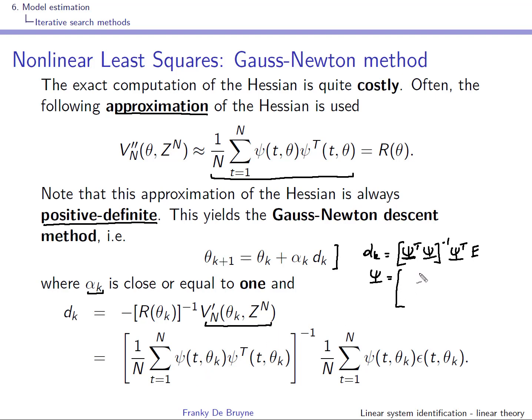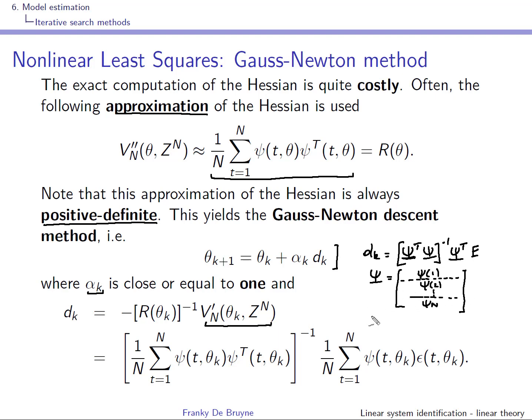We construct this matrix by taking the psi that are over here, evaluated in 1. I won't write the dependence on theta to make it easier to write. Then the second row, and so on up to psi n.